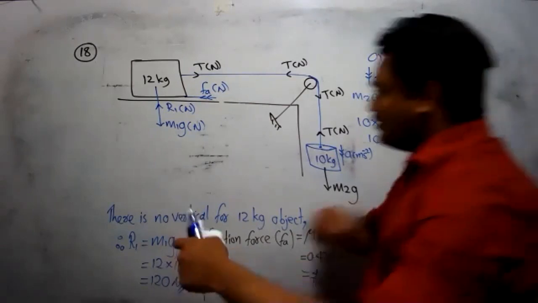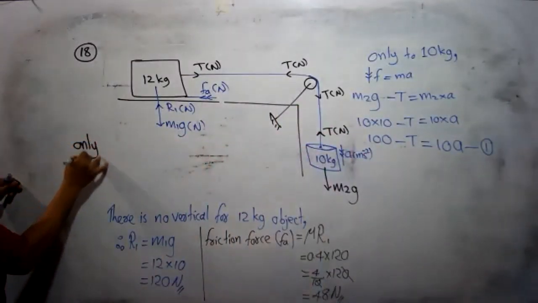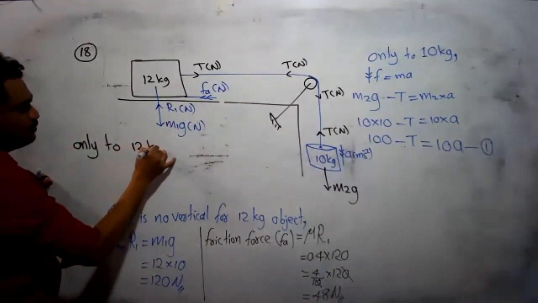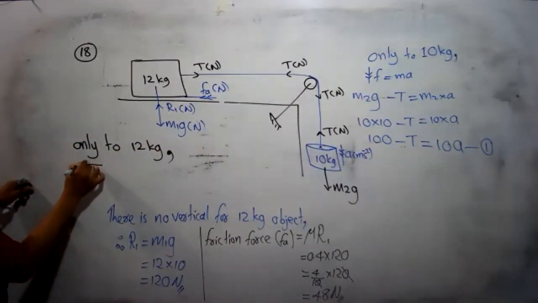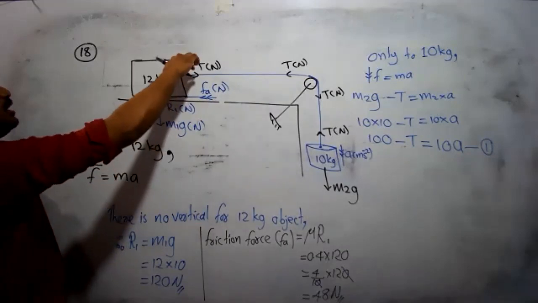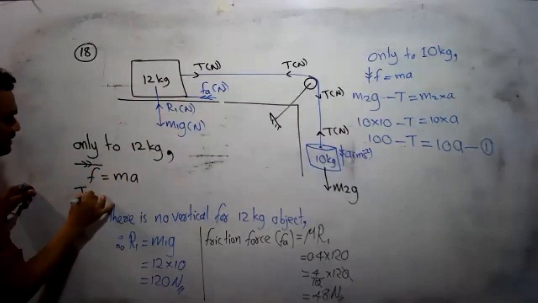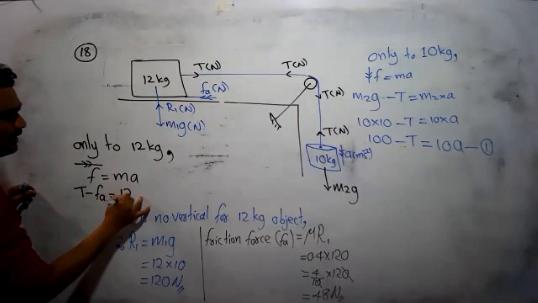Okay. So let's apply F equals MA only to the 12 kg object, in this direction. The only force acting on the right hand side is capital T. The friction force is acting to the left hand side. The mass is 12.